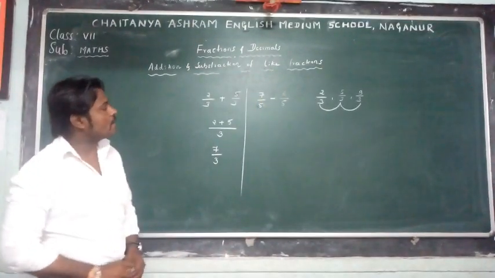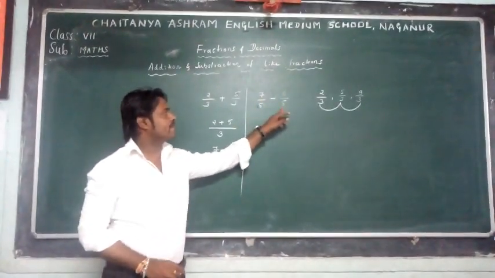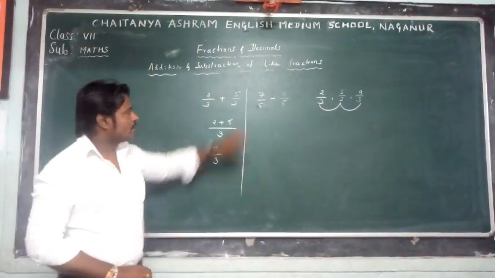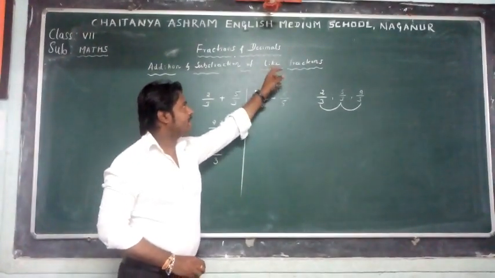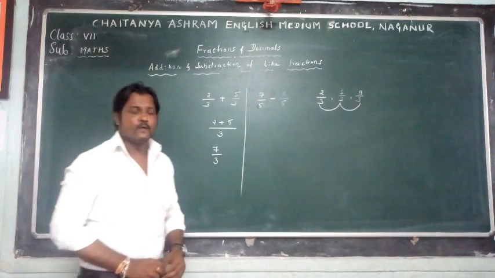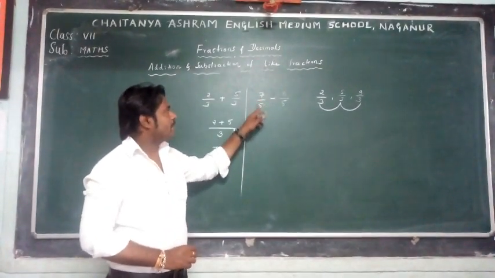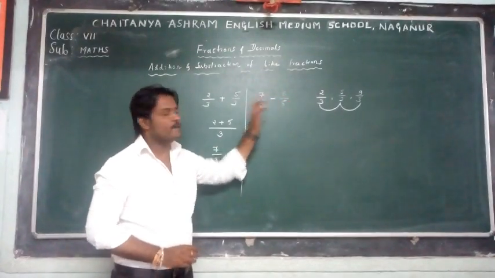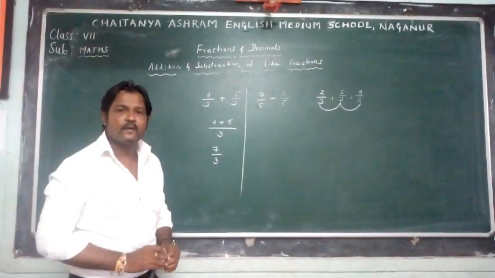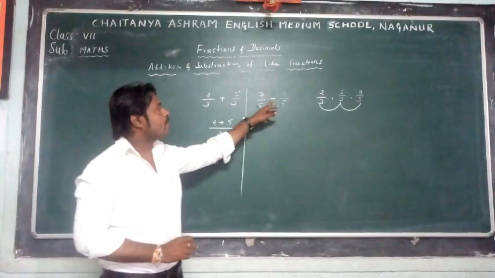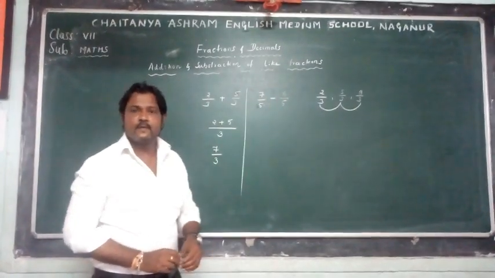First observe the denominators. Denominators are same. So both the fractions are like fractions. We have to find the difference. 7 divided by 5 minus 6 divided by 5. What is the difference? This is our subtraction of fractions.